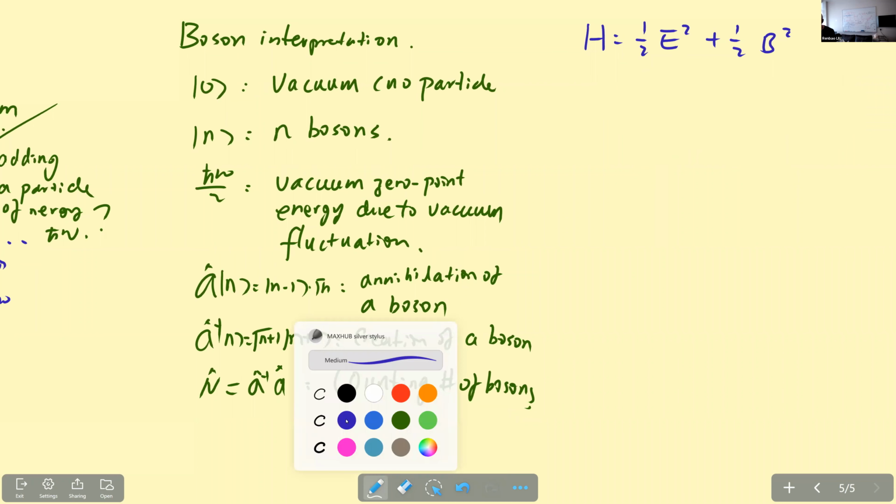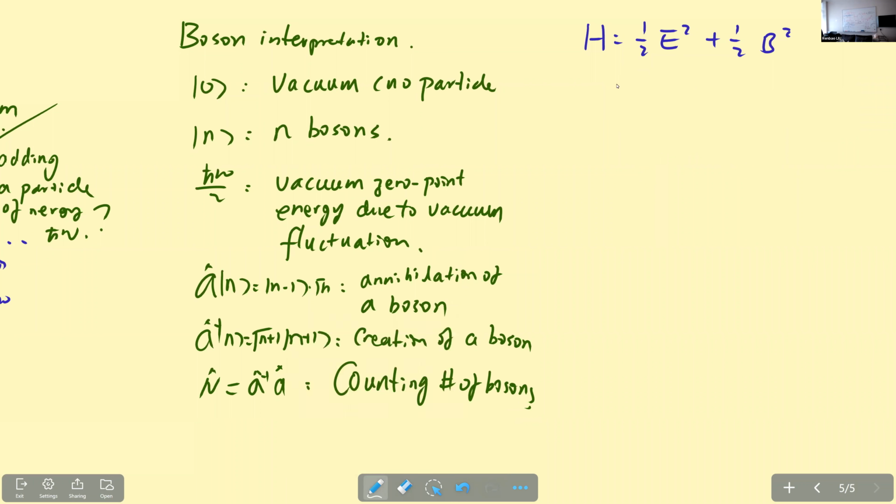The electromagnetic field. You can do the summation over k, and then you have 1/2 (E_k squared plus B_k squared). And we write E equals the summation over k of cosine kx times E_k.